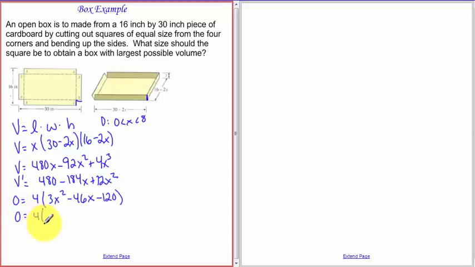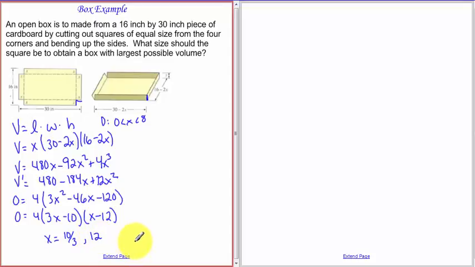And then I'm going to factor that even more. Okay, so now set each one of those factors equal to 0. So we get, in this case, 10/3 and 12.